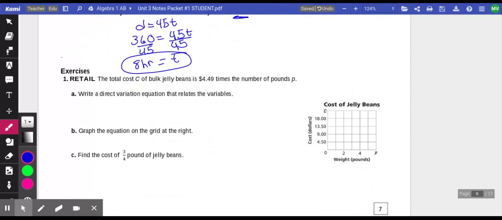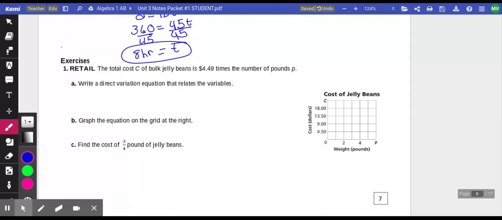So now, in retail, the total cost C of bulk jelly beans is $4.49 times the number of pounds. So that means C equals 4.49p. And that is again a direct variation because it follows the form y equals kx. Graph it.